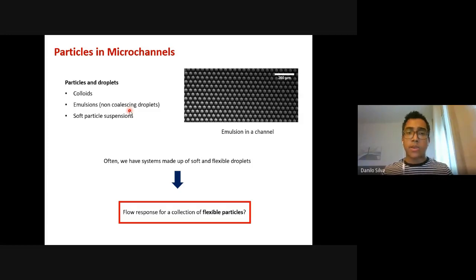For example, in cellular systems like the flow of red blood cells, we have very flexible systems where flexibility plays an important role in the flow of the particles.